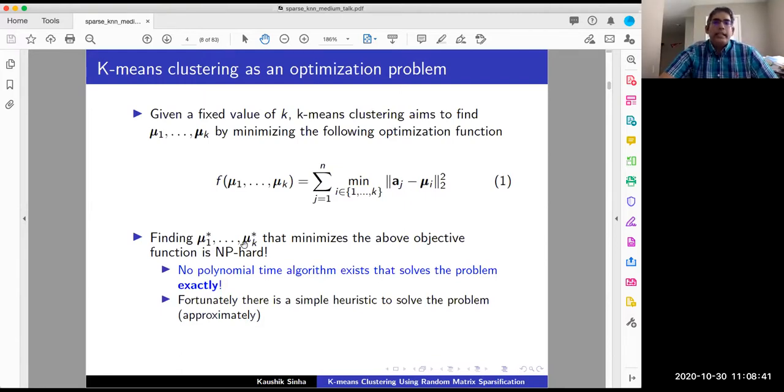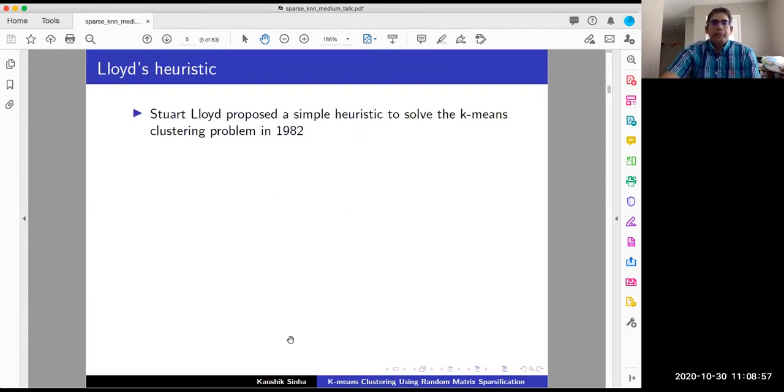Unfortunately, finding the optimal solution, let's call them mu1 star to muk star, that minimizes this optimization problem is known to be NP-hard. So there is no polynomial time algorithm which gives you the exact solution, but fortunately there are very simple heuristics to solve this problem.